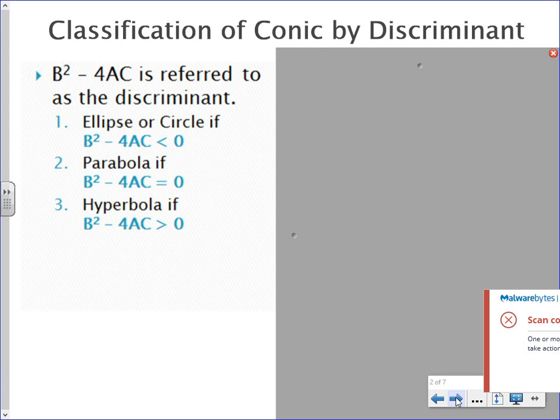What formula is that from? The quadratic formula. It's what's under the radical. We call it the discriminant. If we take b squared minus 4ac and compare it to 0, these are our three different options. Write them down because you'll need to know how to identify.